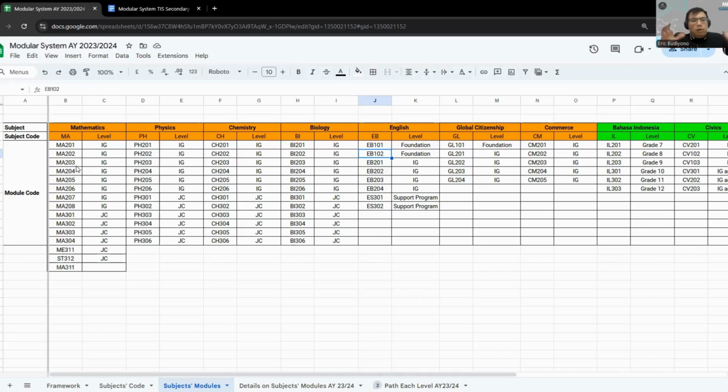I can say, okay, I'm not very comfortable in mathematics. Rather than take very complicated and hard mathematics subjects, I'm just going to take MA 203, 204, 205. I'm not going to even try MA 301, 302, 303, etc.